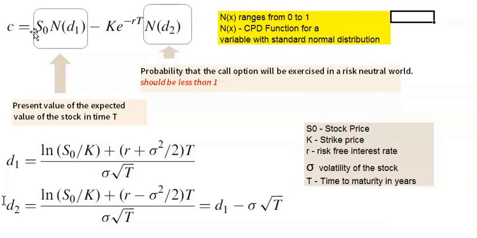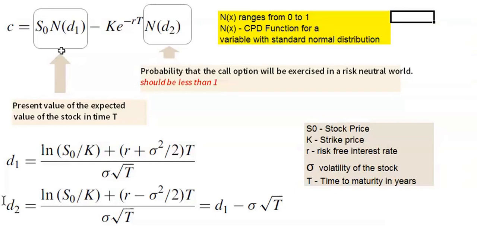Remember, S0 is the underlying and K is the strike. Especially for a European call option, it is only valuable at expiry if the underlying is greater than the strike.